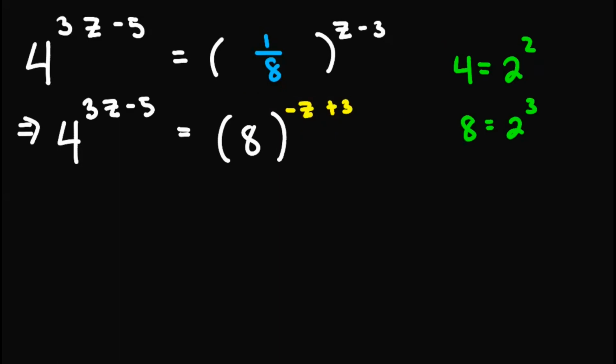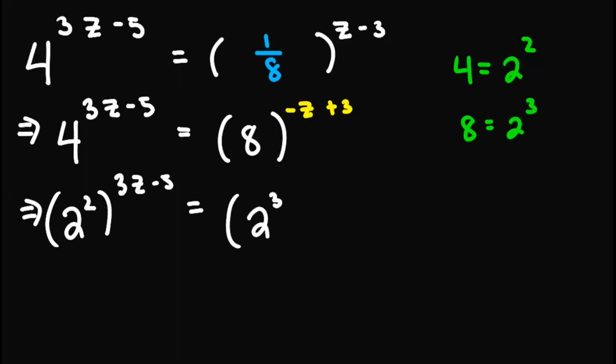So we can write the left as 2 squared raised to 3z minus 5, and on the right we've got 2 cubed raised to negative z plus 3.